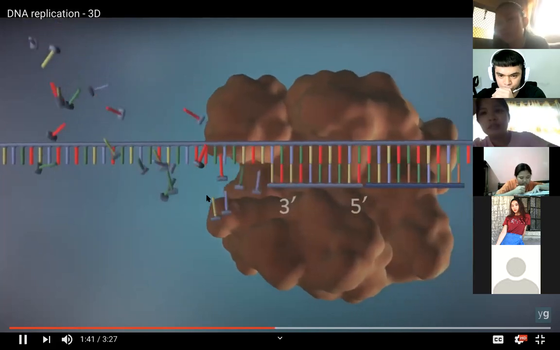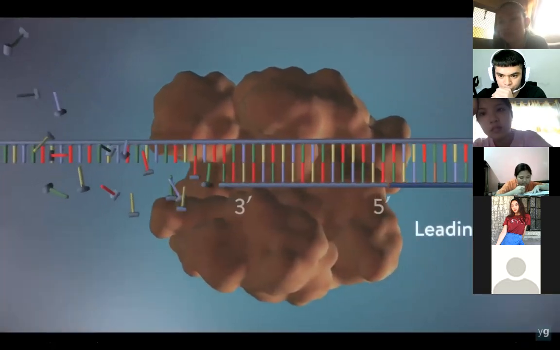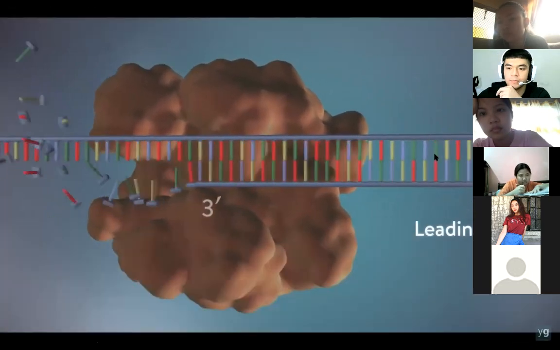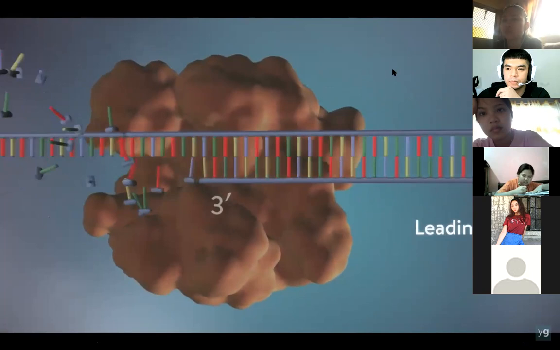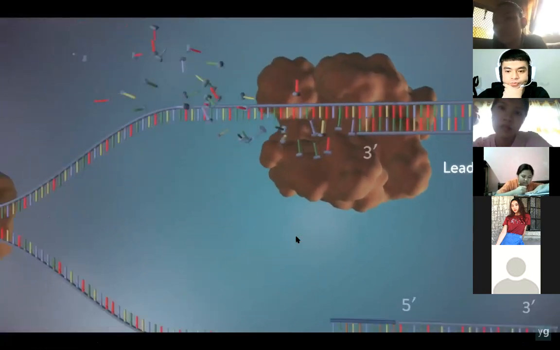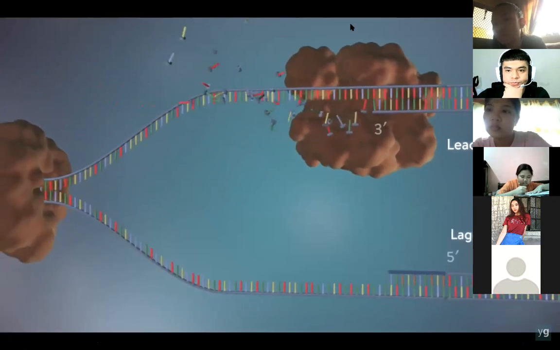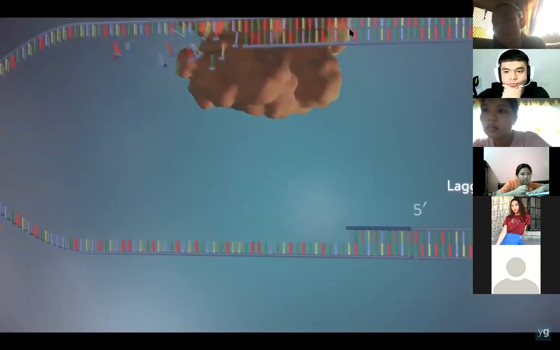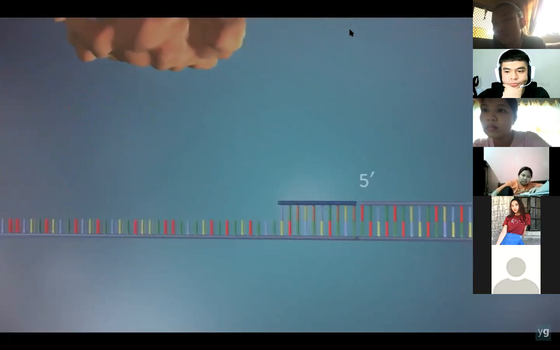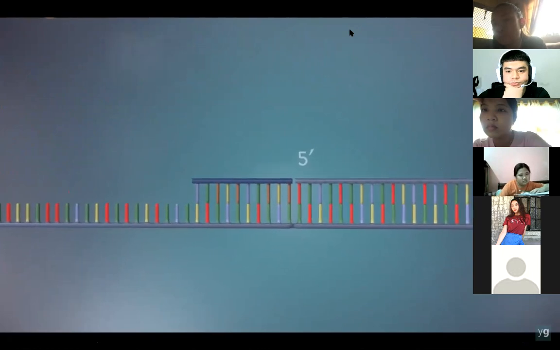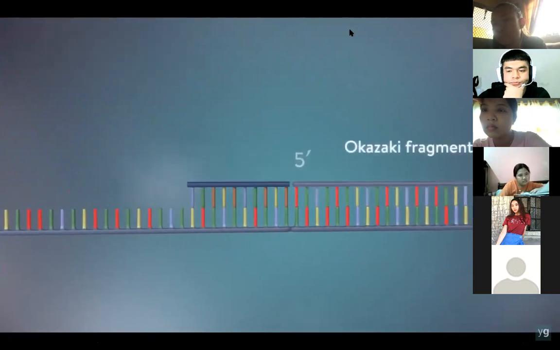One of the new strands of DNA, the leading strand, is made continuously. The DNA polymerase adding bases one by one in the 5' to 3' direction. The other strand, the lagging strand, cannot be made in this continuous way because it runs in the opposite direction. The DNA polymerase can therefore only make this strand in a series of small chunks called Okazaki fragments.